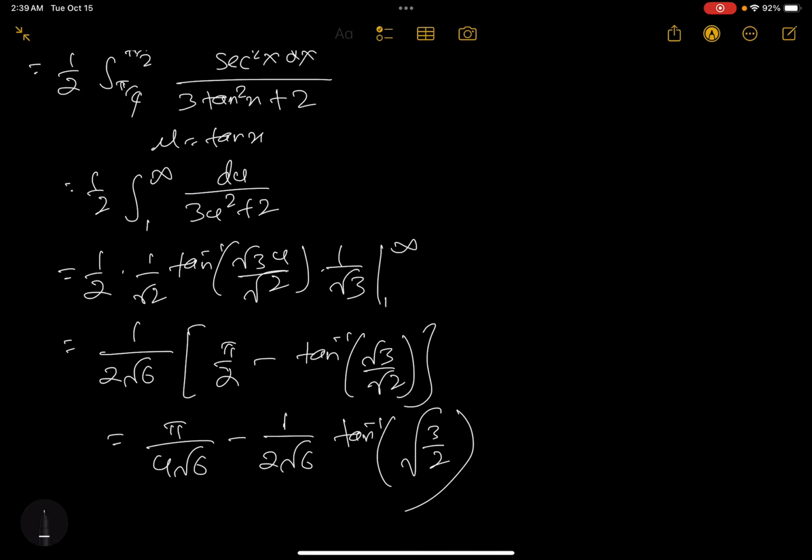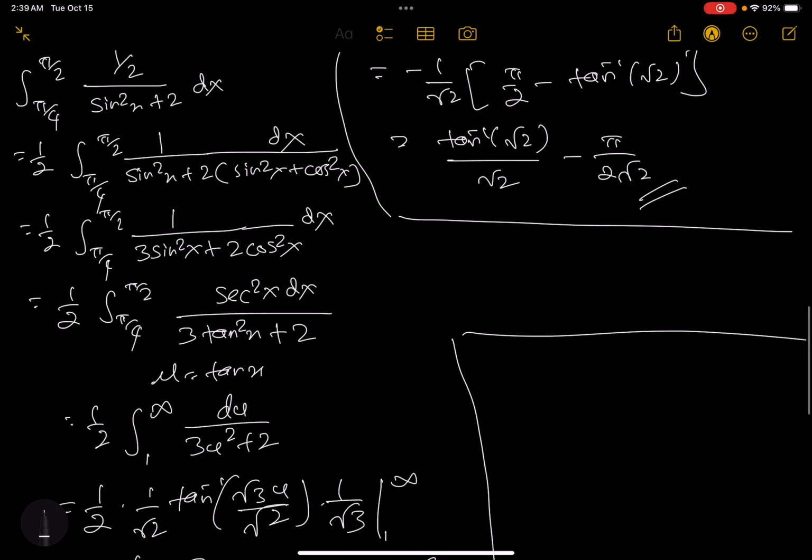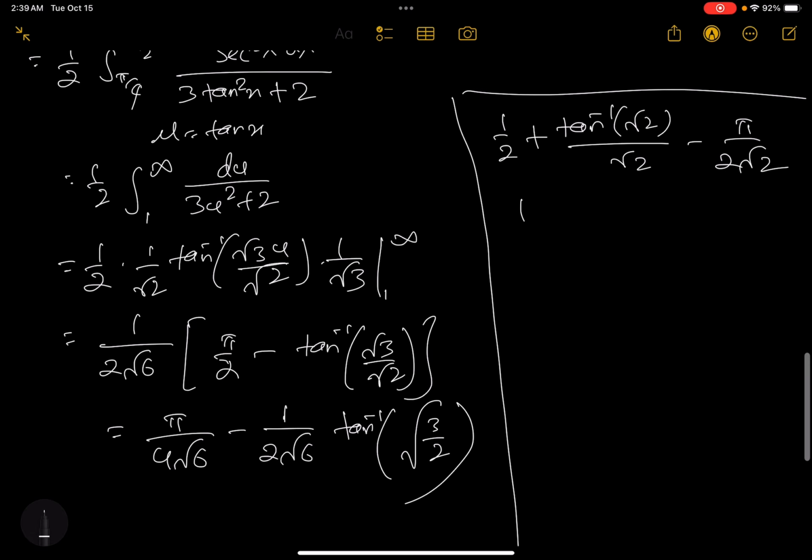So now if you compile all the answers, basically this has answer half, and then tan inverse root 2 by root 2 minus pi by 2 root 2 plus pi by 4 root 6 minus 1 by 2 root 6 tan inverse of root 3 by root 2.